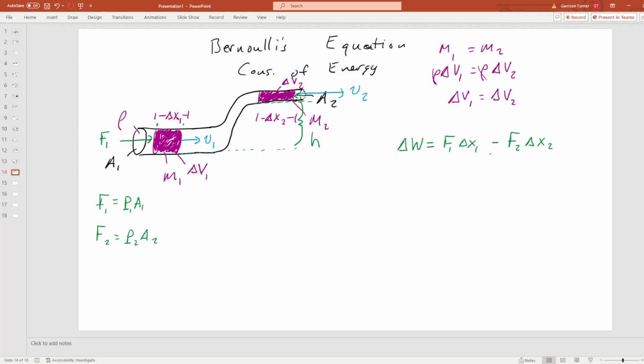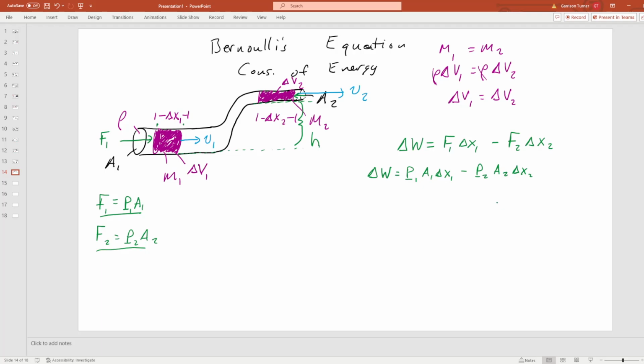But if we insert these definitions of F1 and F2 into this equation, my net work is going to become P1 times A1 times delta X1 minus P2 A2 delta X2.